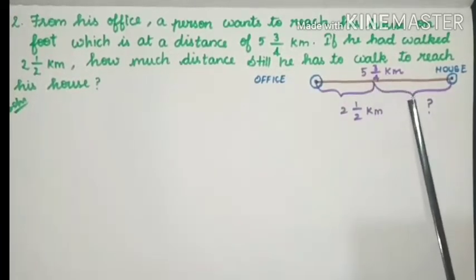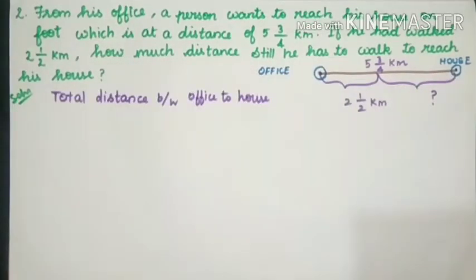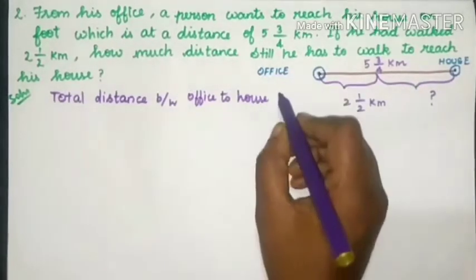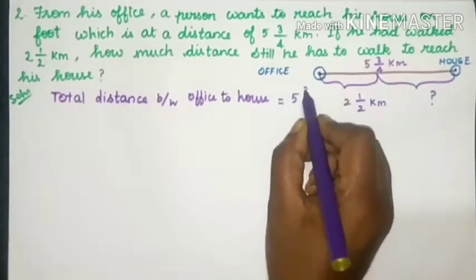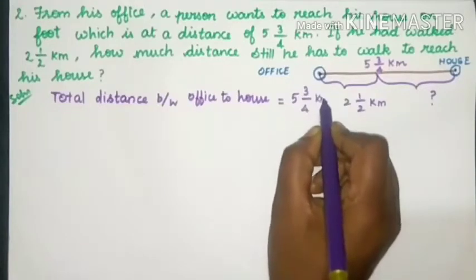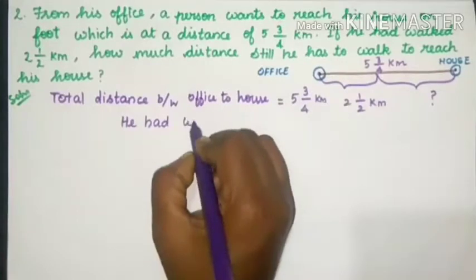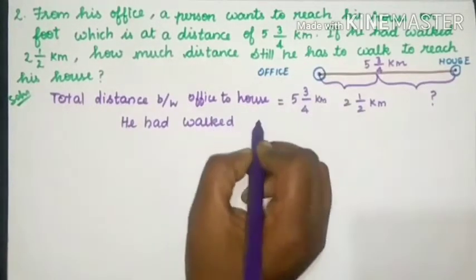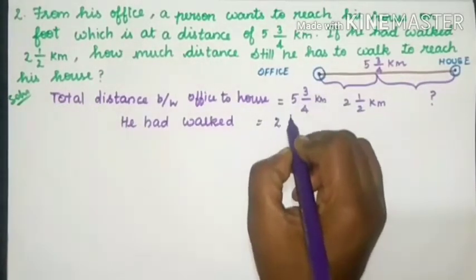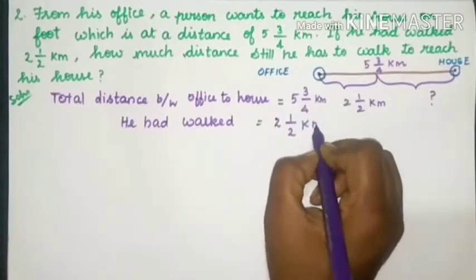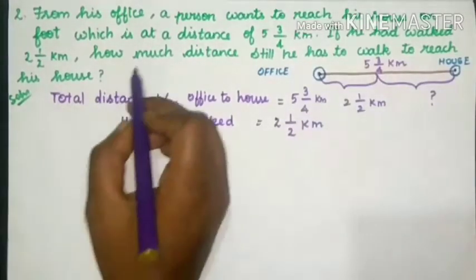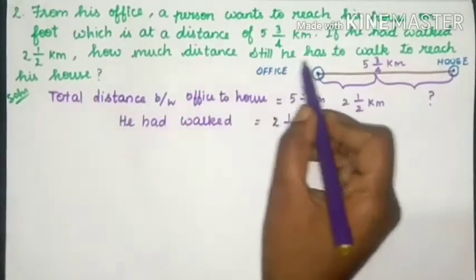We have to find the remaining distance. Yes, to find the remaining distance, you have to subtract 5 3 by 4 minus 2 1 by 2 kilometer. The total distance between office and house is 5 3 by 4 kilometer. He had walked 2 1 by 2 kilometer. We have to find how much distance he still has to walk.